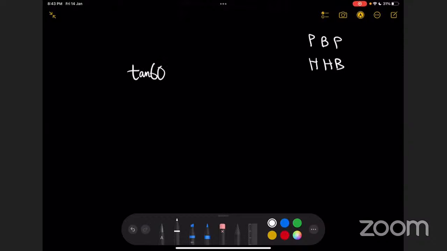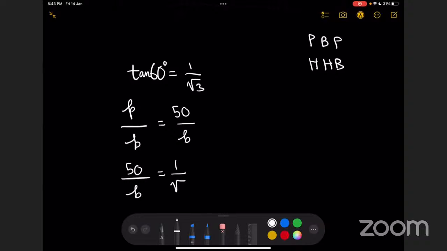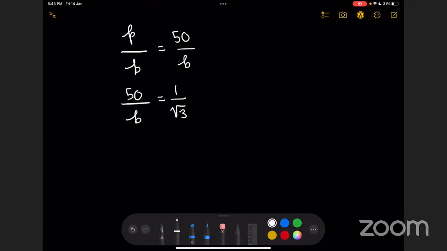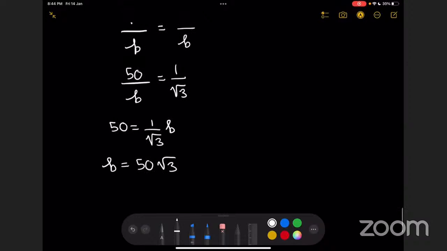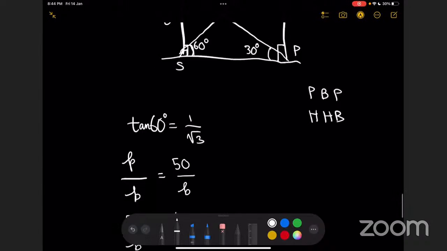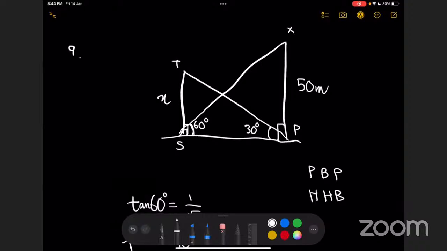Tan 60 equals 1 by root 3, which is... yeah, it's 50 root 3 then. And so the base is 50 root 3.